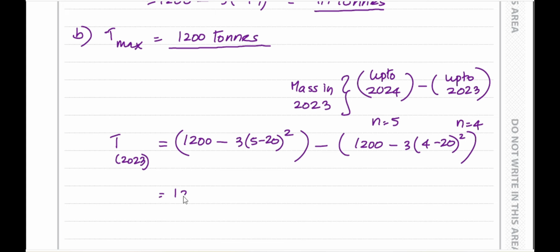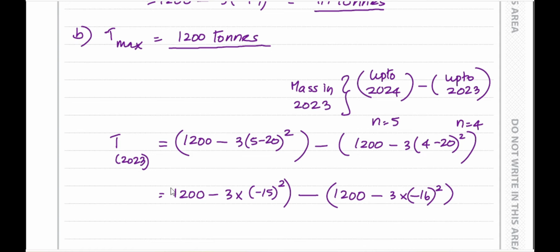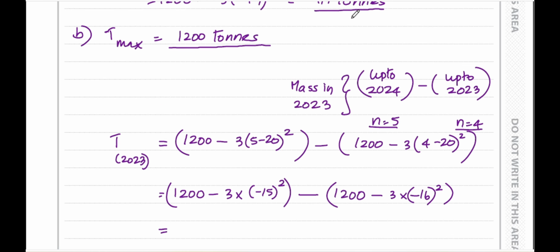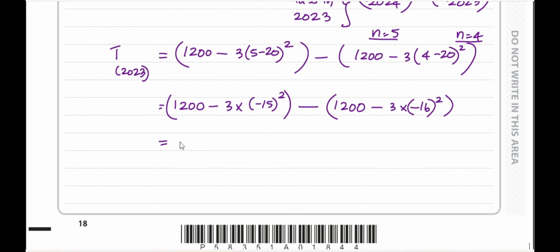That is 1200 minus 3 times minus 15 square minus 1200 minus 3 times minus 16 square. Let's put brackets here to separate them. This is n is equal to 5, n is equal to 4. Okay, putting this into the calculator, we get 525 take away 432, which is giving us 93 tons.